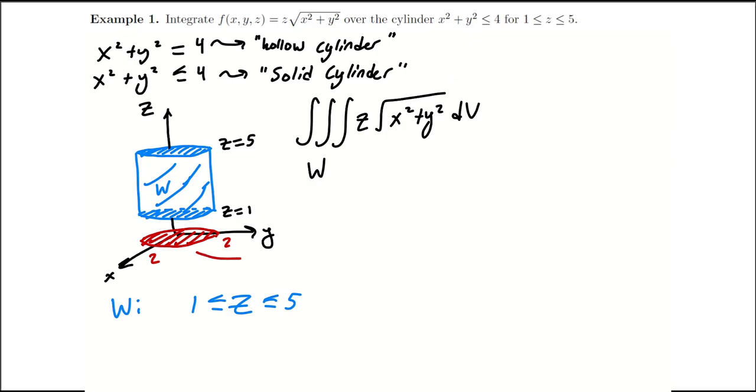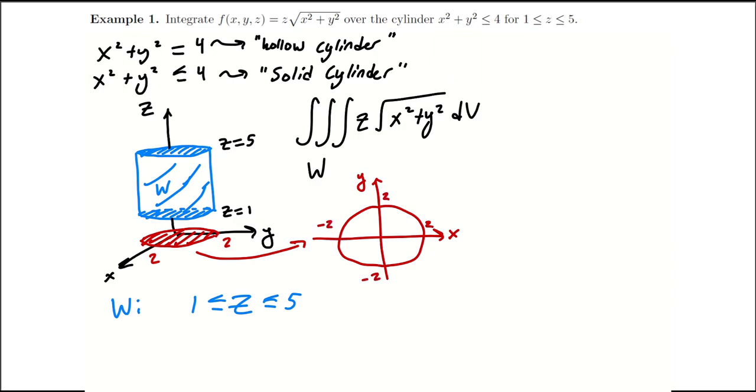So if we think of this in the xy plane, clearly the radius must range from 0 to 2, and theta must range from 0 to 2 pi, since we go all the way around.